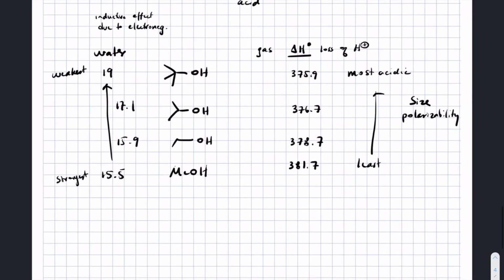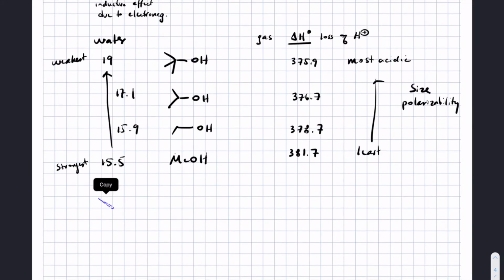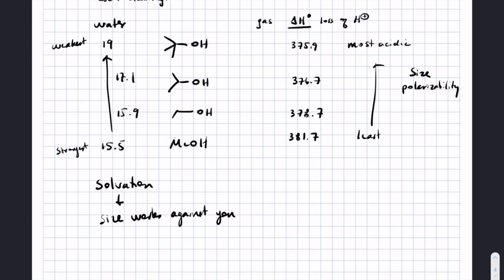So if that's true, then why do we see the opposite trend in water? It turns out that in water, in terms of solvation, size works against you. So in water, there may be an intrinsic sort of inductive donation because of alkyl groups, though that effect is small.